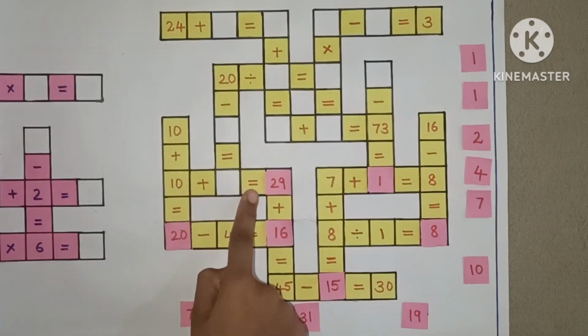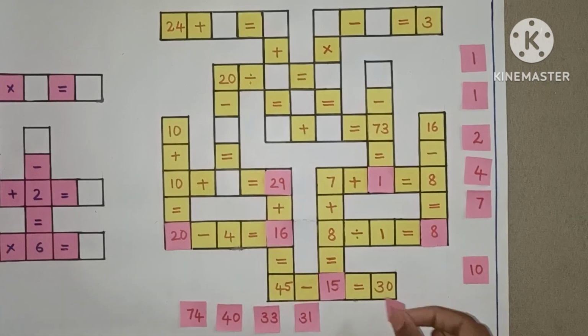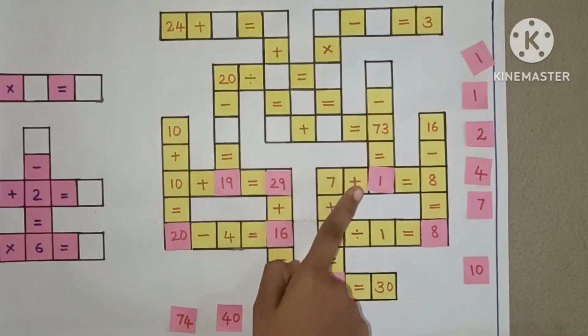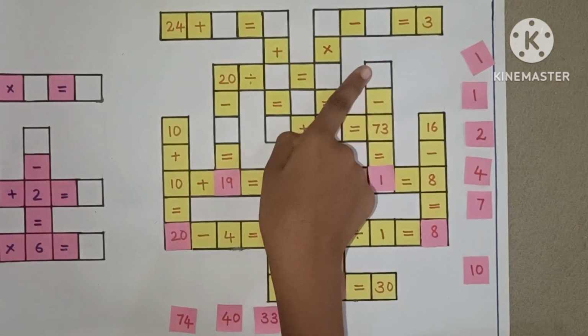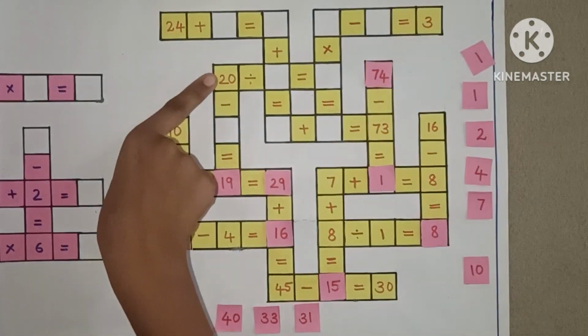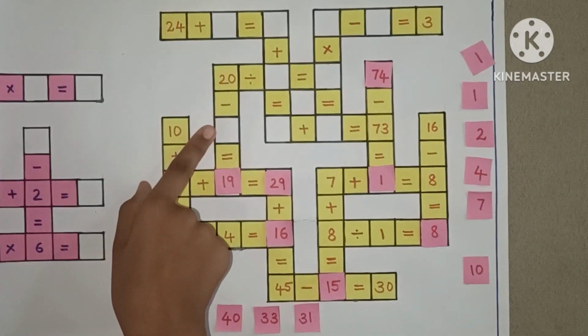Plus dash equal to 29. It's 90. Dash minus 73 equal to 1. It's 74. 20 minus dash equal to 19. It's 1.